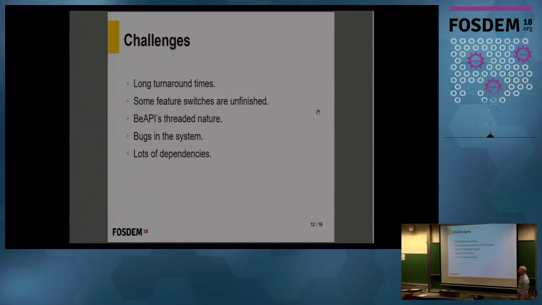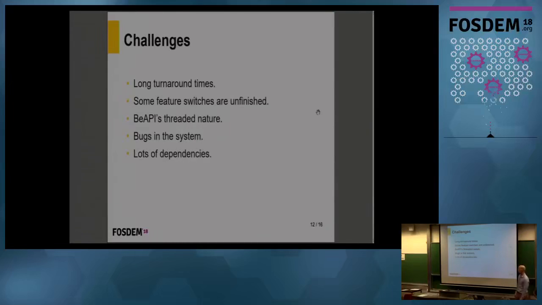Then there's BAPI's threaded nature. Haiku creates a new thread for each window. That creates problems with VCL because it tries to render from the main thread, and the window has its own thread.